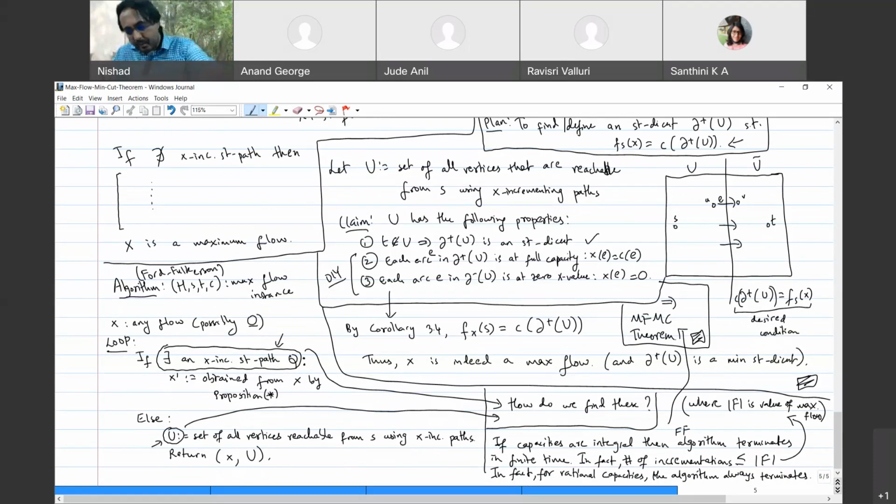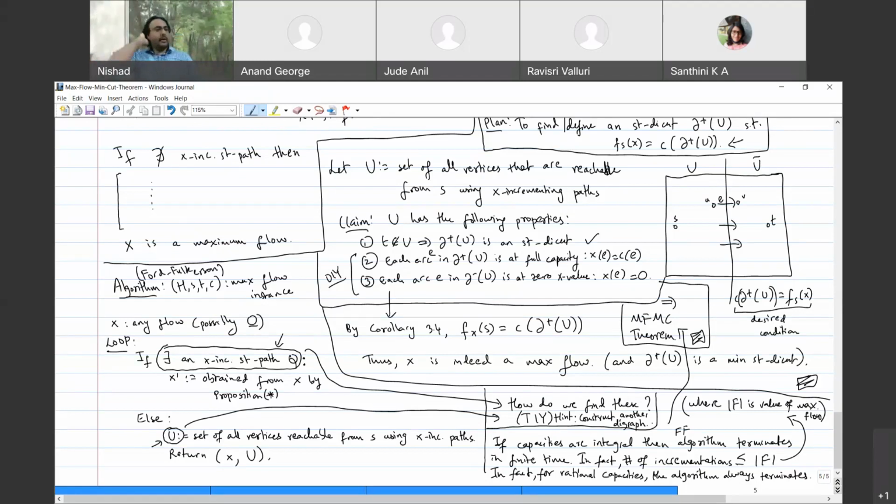So try it yourself, and the hint is: construct a different directed graph so that your x-incrementing ST paths will become ST dipaths in this directed graph. So construct another directed graph.